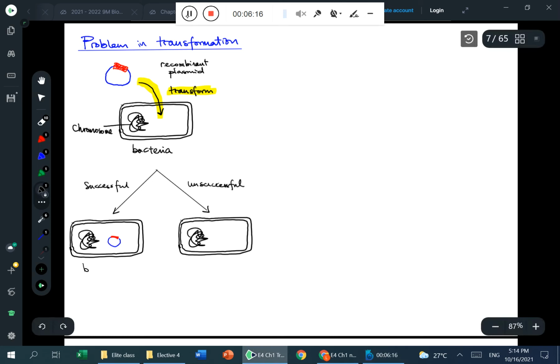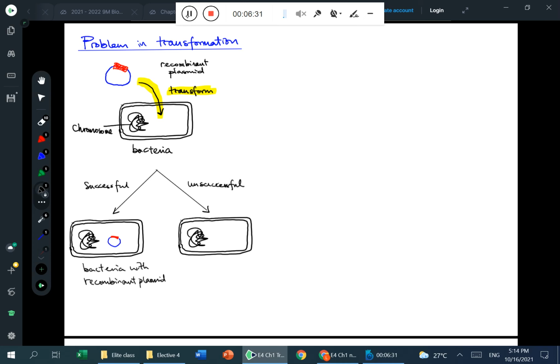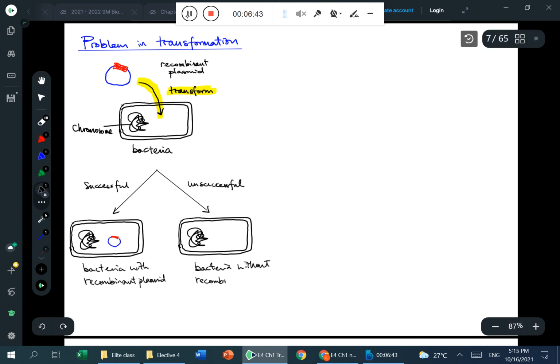This is bacteria with recombinant plasmid. In other words, they are the transformed bacteria, while this is the bacteria without the recombinant plasmid. And that is a non-transformed bacteria.